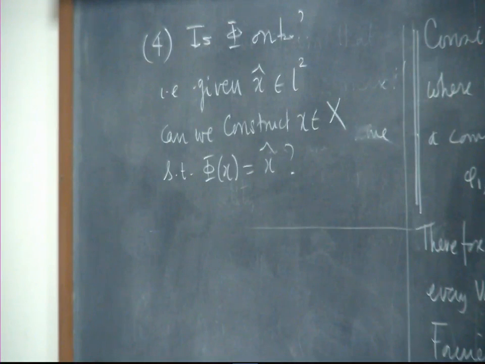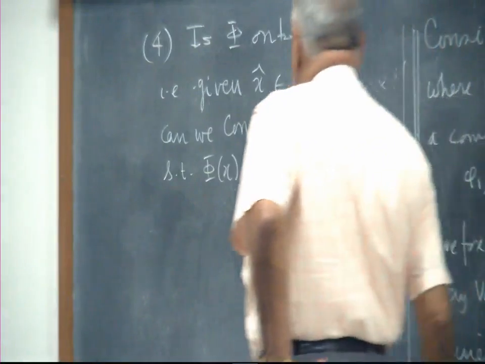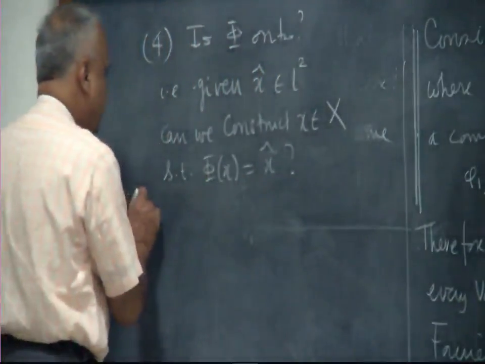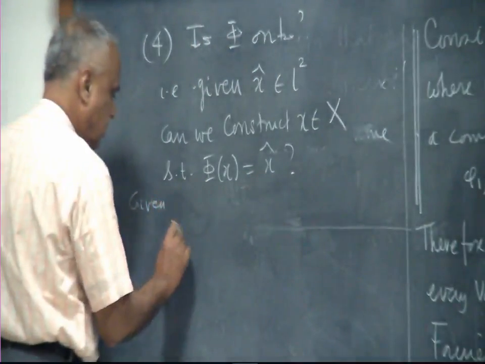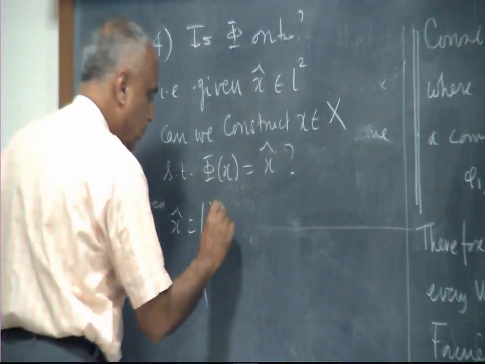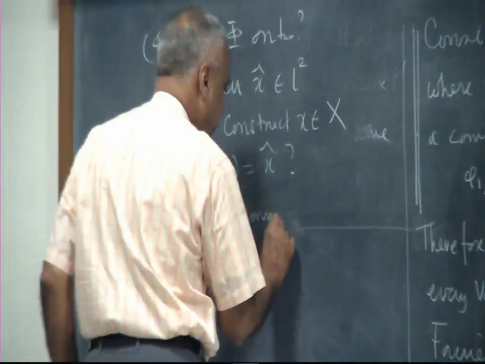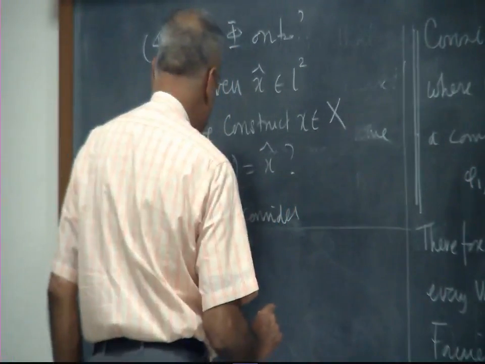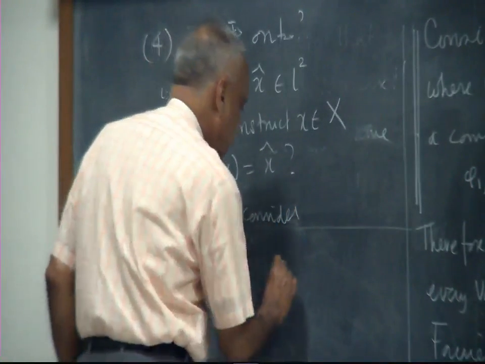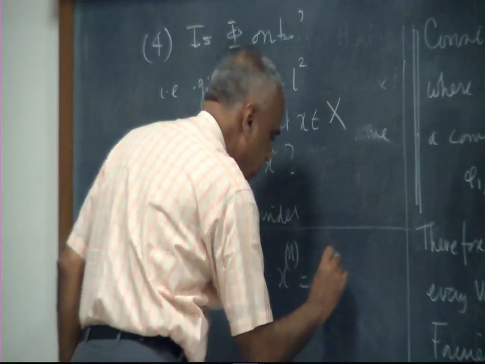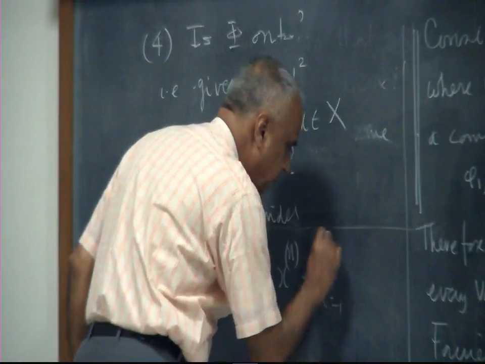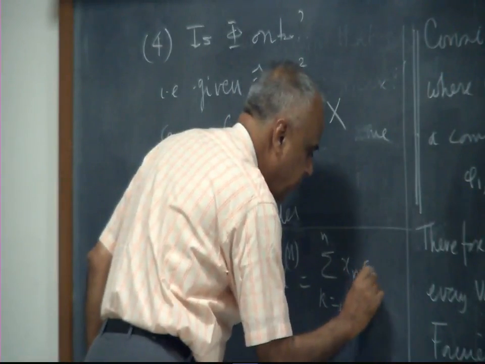Is this map onto? And it is very obvious. Well, choose them as the Fourier coefficients. Okay. So, given x hat in L2, so it is x1, x2, etc. Consider x_n to be the vector, the sum from k equal to 1 to n of x_k phi_k.